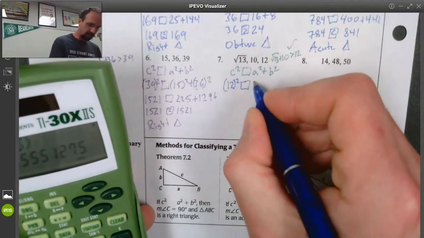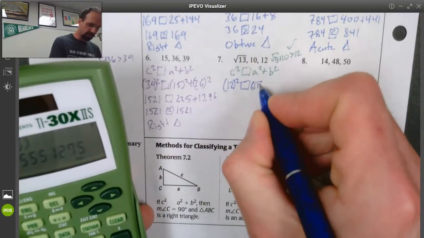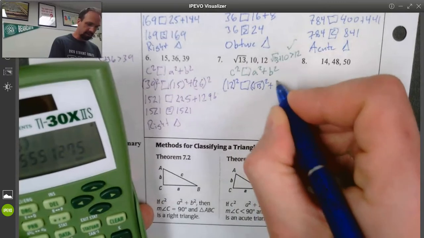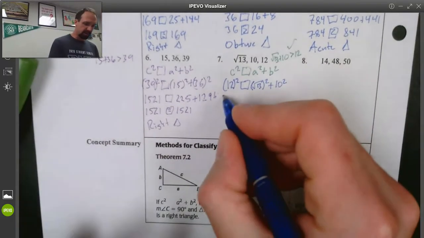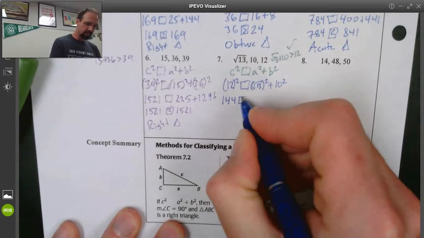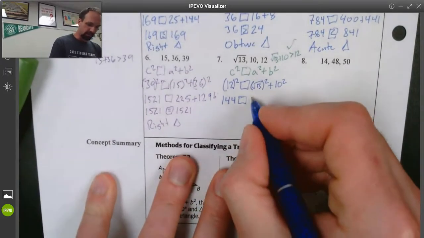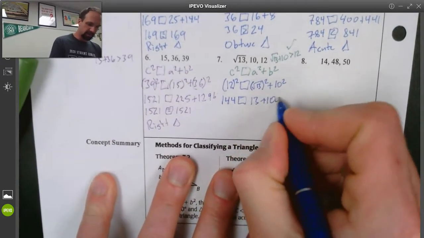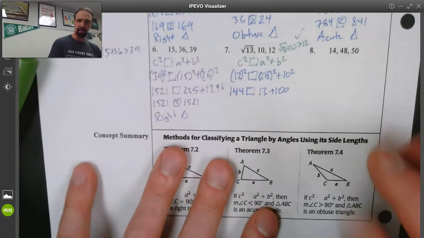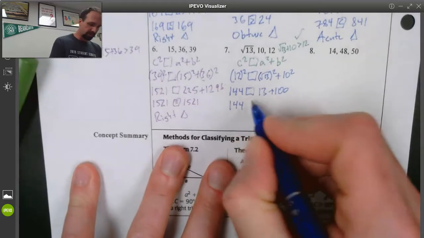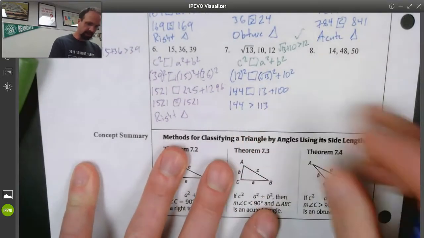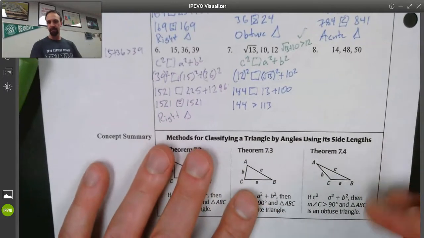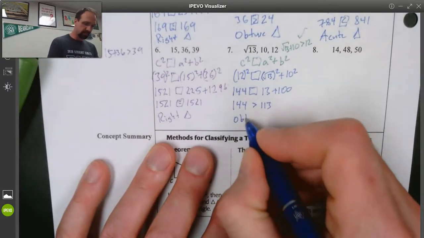Then it doesn't matter what I put for my others. So I'll do square root of 13 and then 10 squared here. So 12 squared is going to give me 144. And then square root of 13 squared is 13. Then 10 squared is 100. So then this gives me 144 is greater than 113. So that means that this is an obtuse triangle because it's greater than.